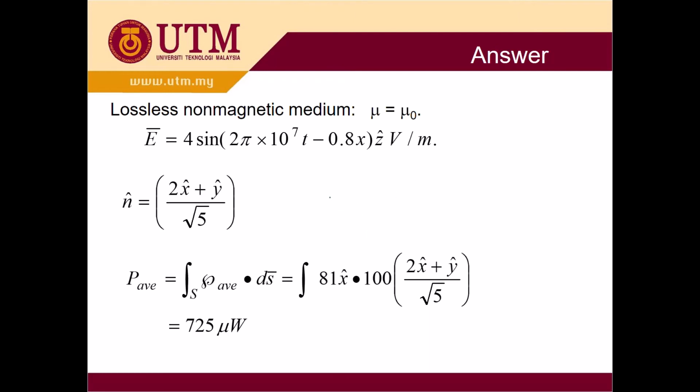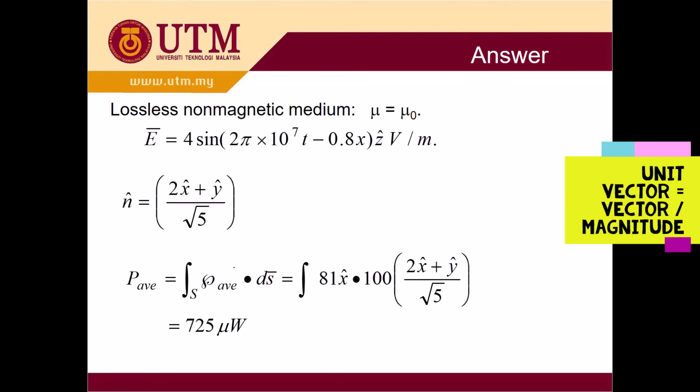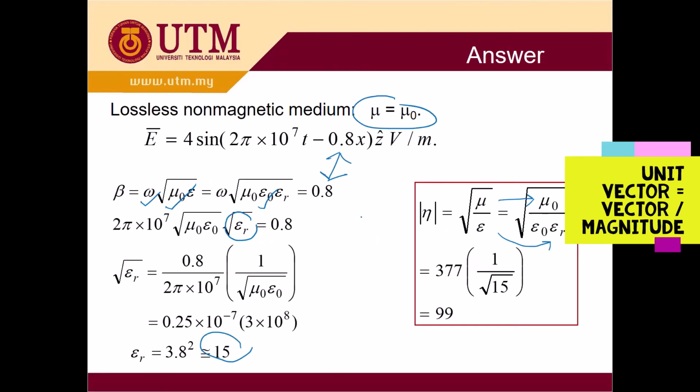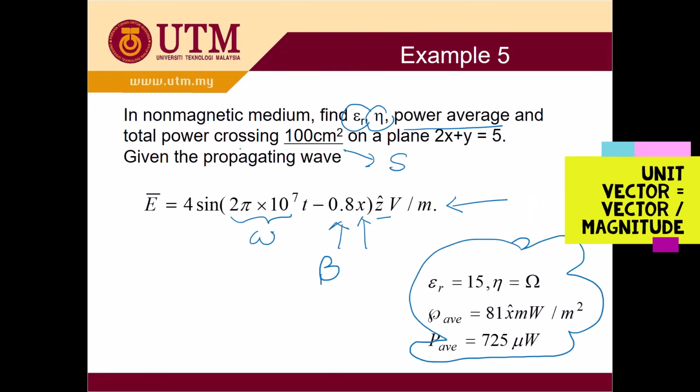And then this is the normal vector to the surface: 2x plus y divided by square root of 5. The P average through the surface, because the surface is a vector, the surface is S. Going back, you are given S equal to 100 centimeter square, and this is the plane, so we have to find the vector normal to the plane.